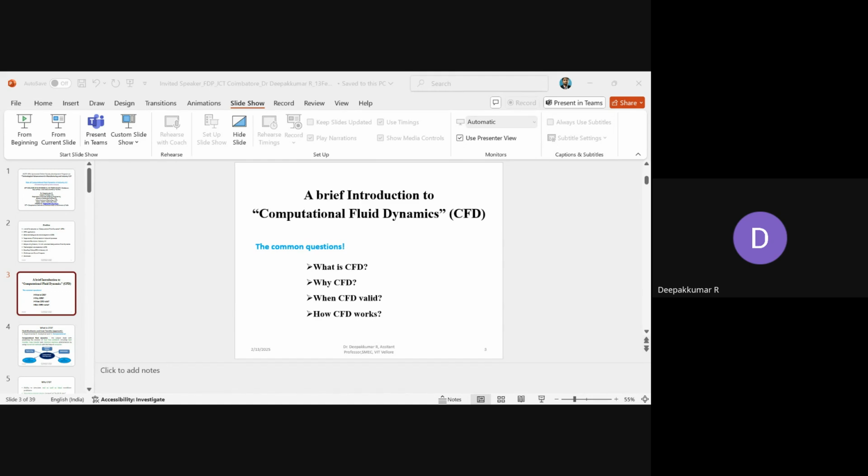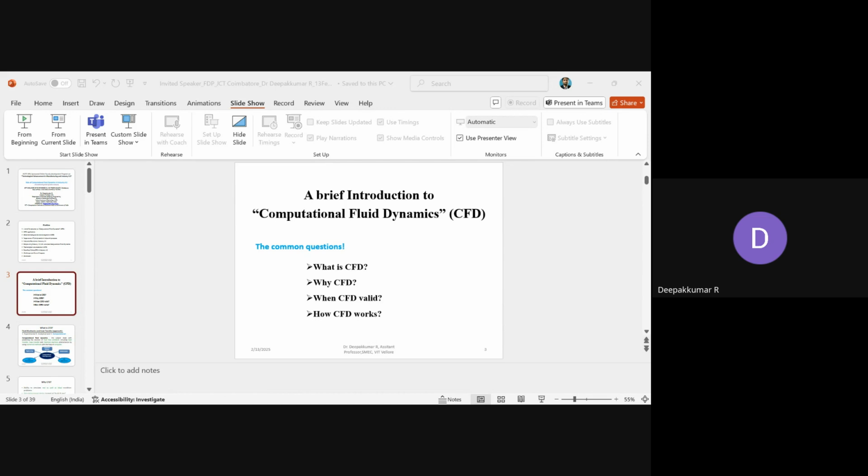Suppose you are doing some simulation or theoretical work. Nobody will believe it unless you show some experimental proof. If you say that out of 10 designs, this particular design is the optimum design through CFD simulation, people will expect to know whether that optimum design is feasible, and whether the predicted CFD results hold in real time.